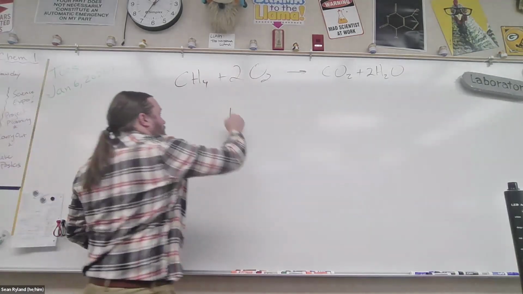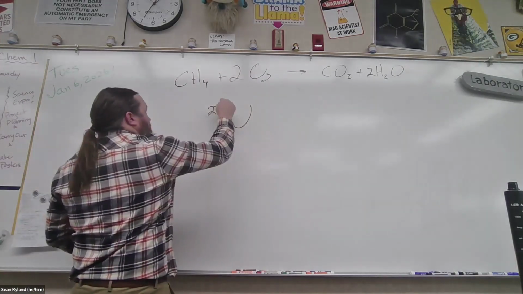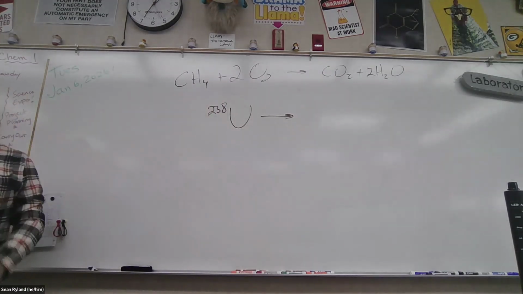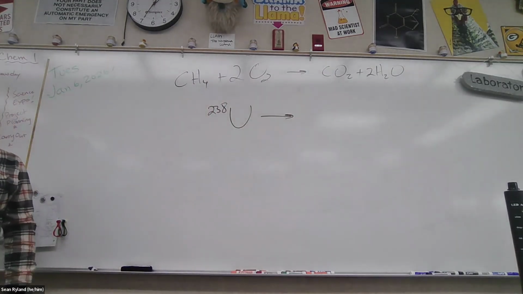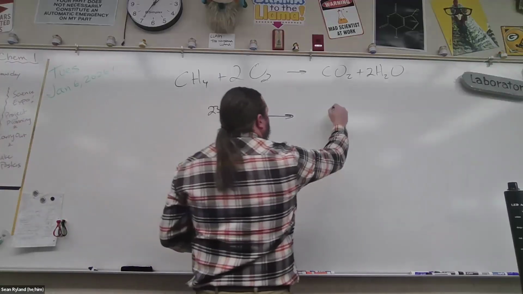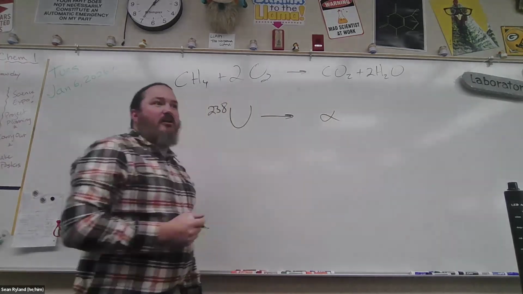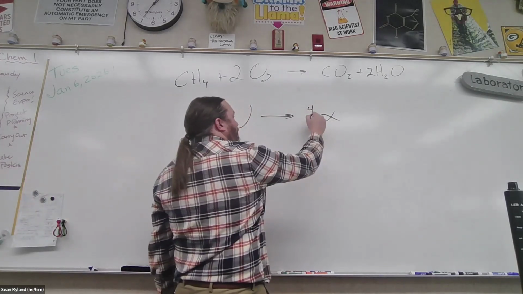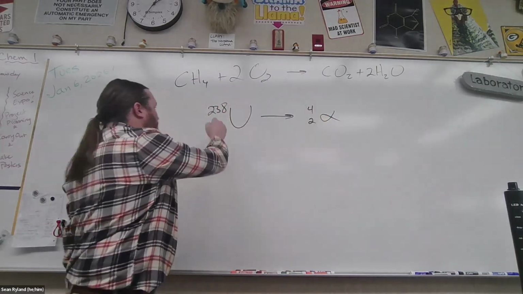So, uranium-238 naturally will undergo a process called alpha decay, where it basically loses what's called an alpha particle. We use the Greek letter alpha for it, lowercase alpha, that has a mass of 4 and 2 protons in it.